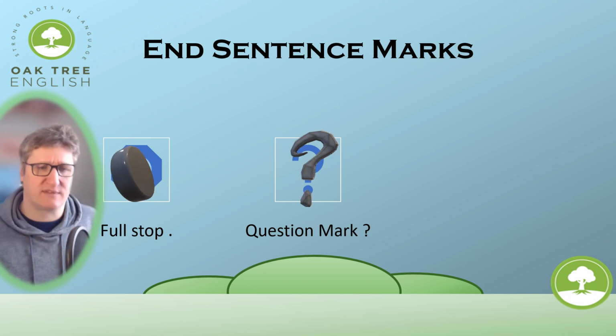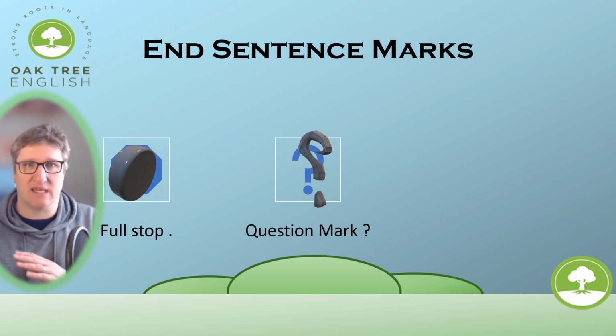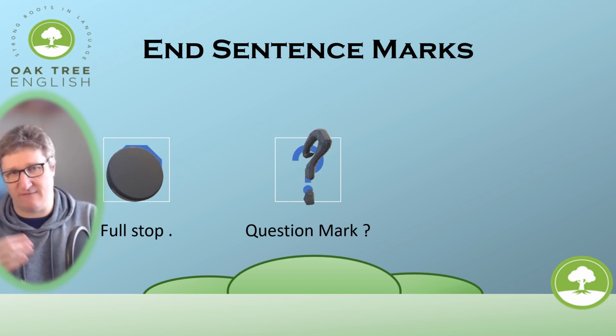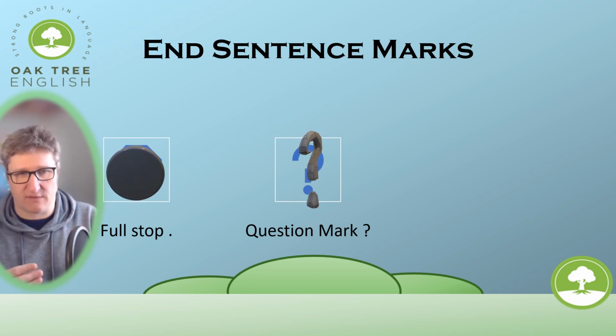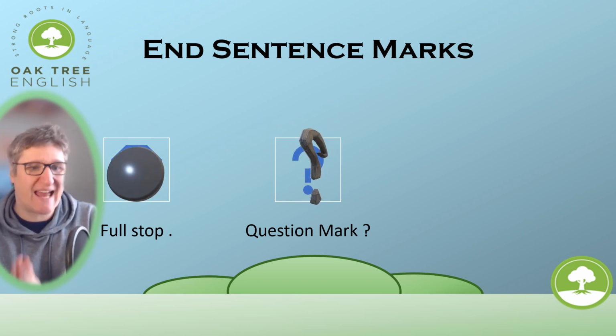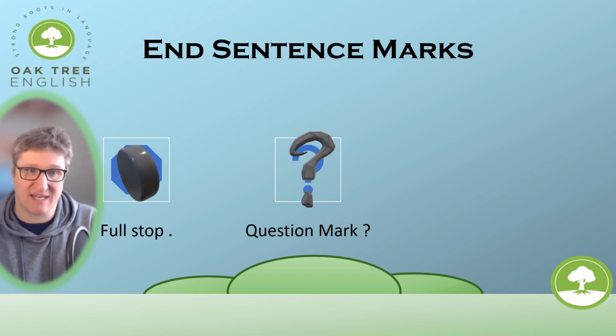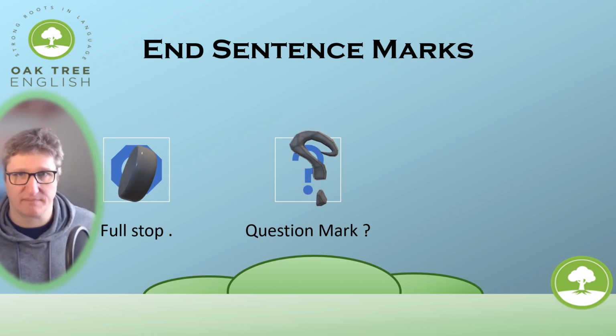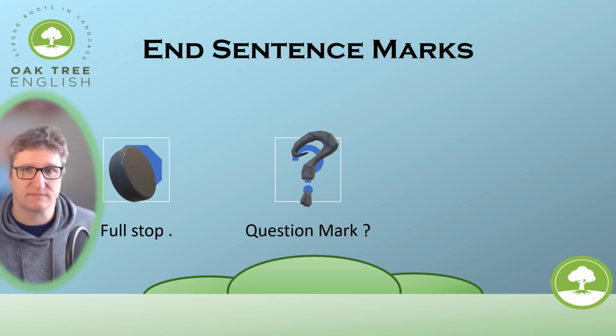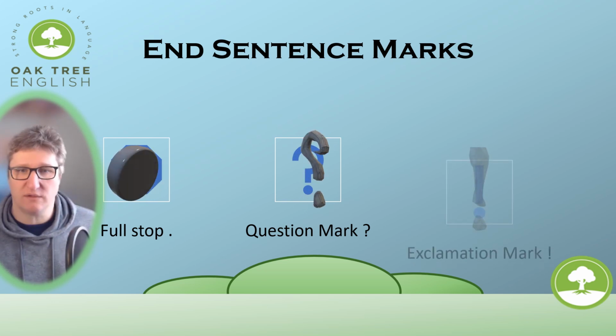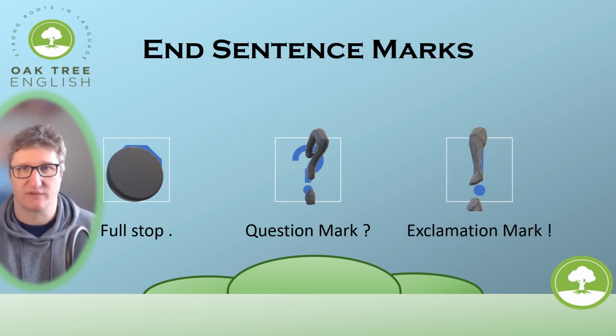Think about the beginning of the sentence and also the inversion of the subject and the auxiliary. If it hasn't got that, it's not a question, so don't end it with a question mark. Okay. It's a sentence. Now, the last one is of course the exclamation mark.